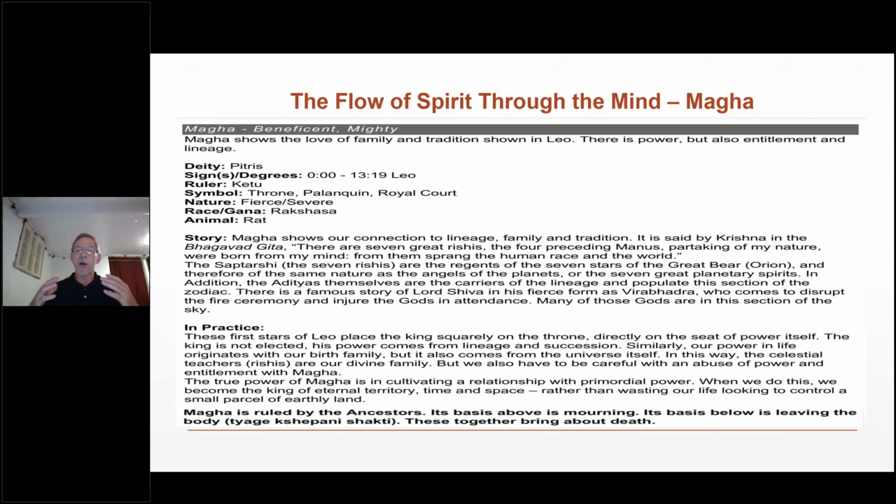So you see not only the power seat of the throne, but you also see the fact that there's the royal court that's always around, and then you see how things move through the kingdom, through the royal court. So on the throne you're seated, and that is the seat of power. The palanquin is just the comfort that moves you from one court to the next.